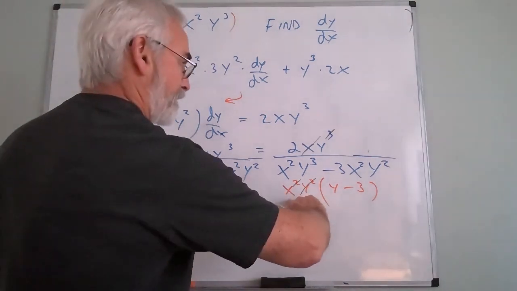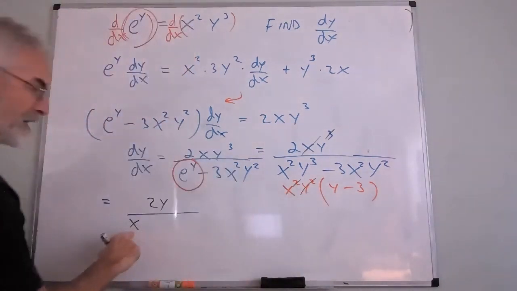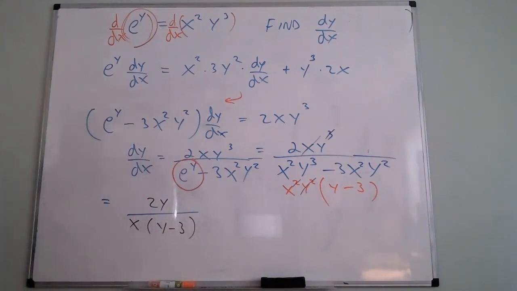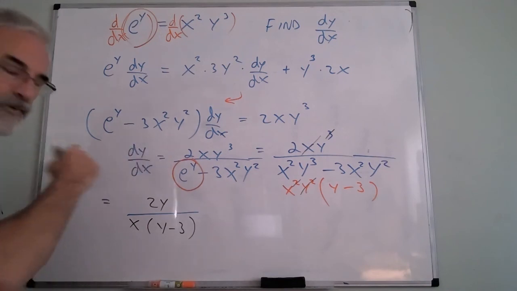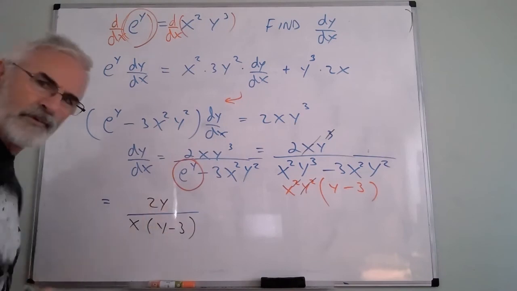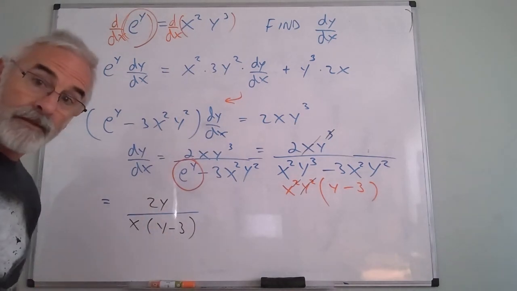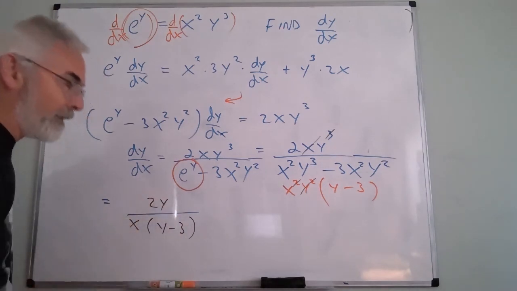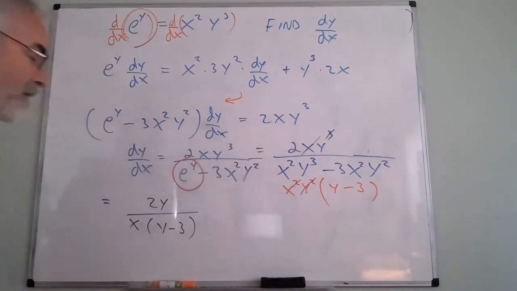I just canceled an xy squared, leaving me only an x. Oh my goose, look at that final answer. If I had to evaluate, the previous one would be hard to work with. That'd be really easy to work with, wouldn't it? So far so good. I think we like that answer way better because I can factor and cancel.